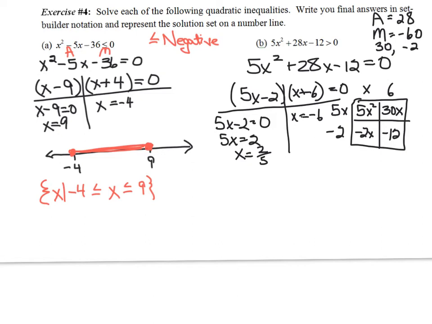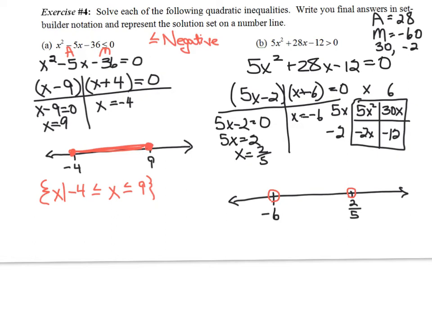Go back and look at that factoring if you need some extra time with that. So on my number line, I've got a -6 back here and a 2/5 over here. Now, since my inequality did not include an equal sign, that tells me put an open circle at both of those zeros.